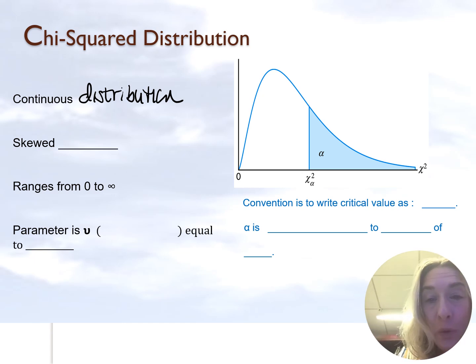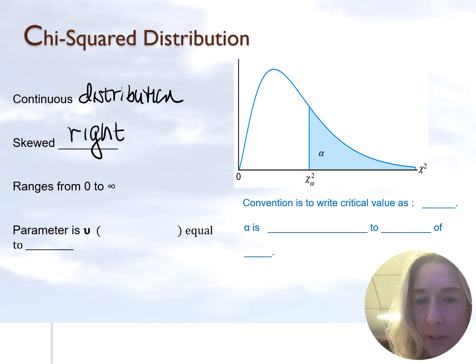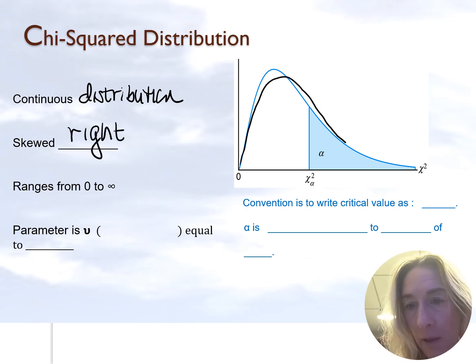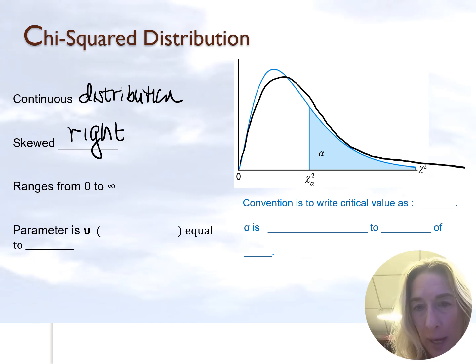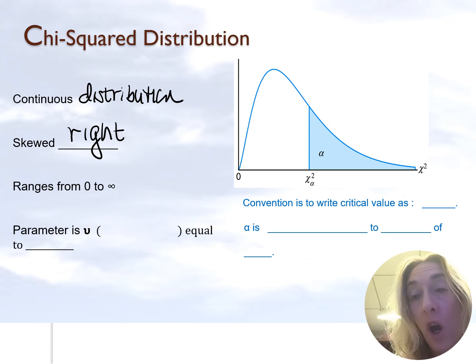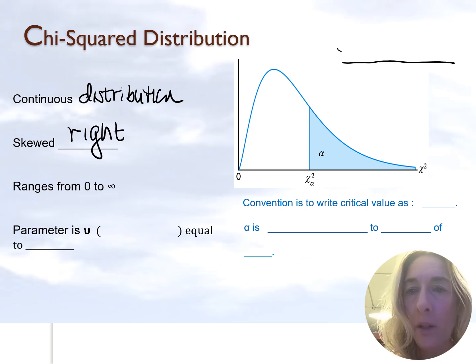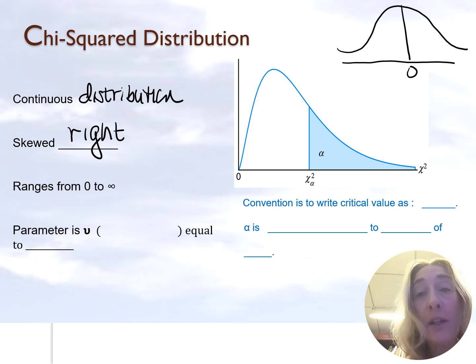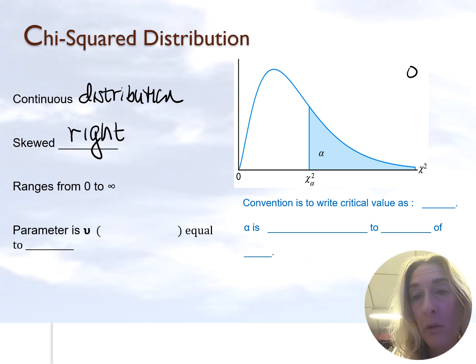It is skewed to the right because it has a tail to the right, so it is not a symmetric distribution. T and Z are symmetric distributions that both took a bell shape. Chi-square is not symmetric.